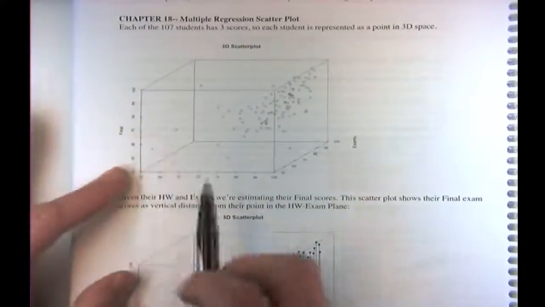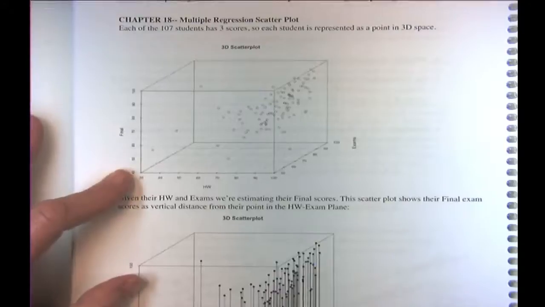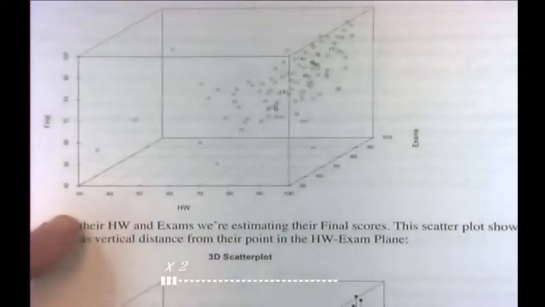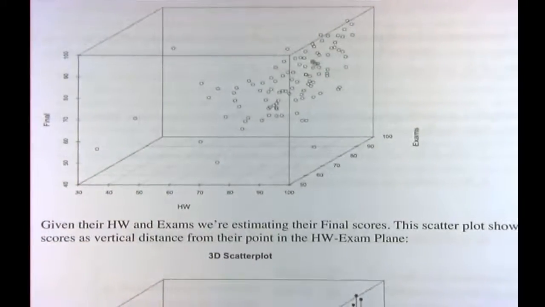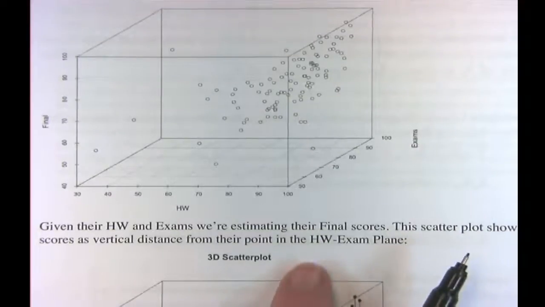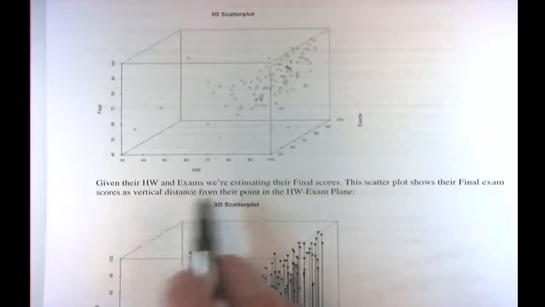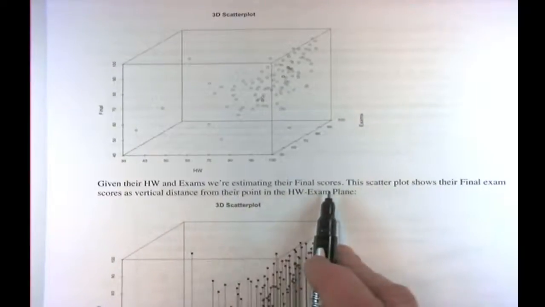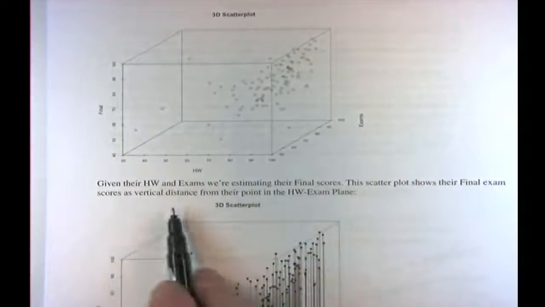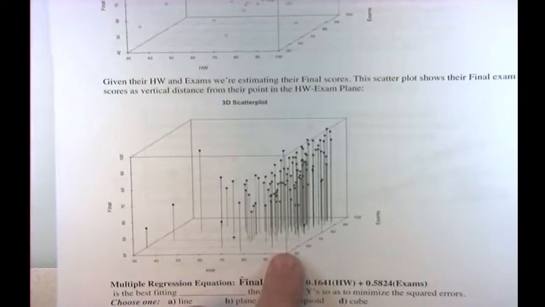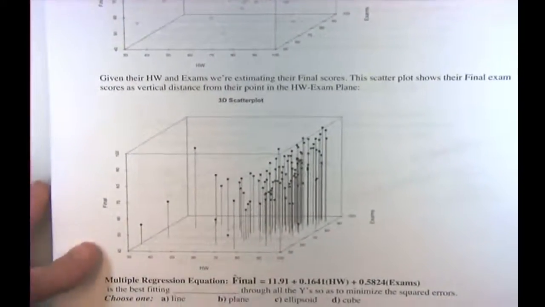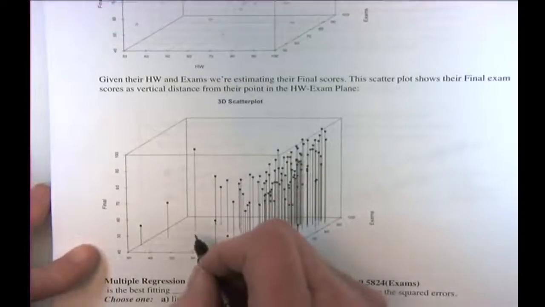So for example, let's look in here, see what's going on. Okay, so given their homework and exam scores, we're estimating the final score. The scatter plot shows their final exam score as vertical distance from the point in the homework exam plane. So, for example, this person, what did he get?